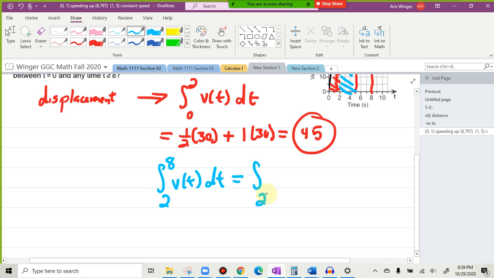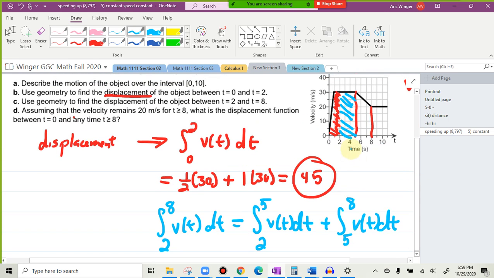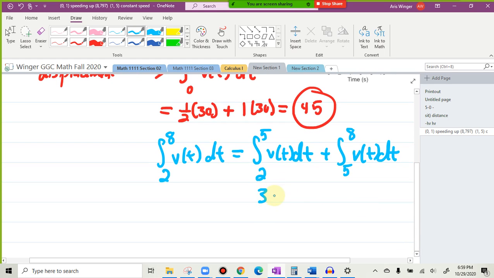That's the same as the integral from 2 to 5 of v of t dt plus the integral from 5 to 8. And again, all these things are just the areas under the curve. So from 2 to 5, that's 3 times the height of 30, which is 90.